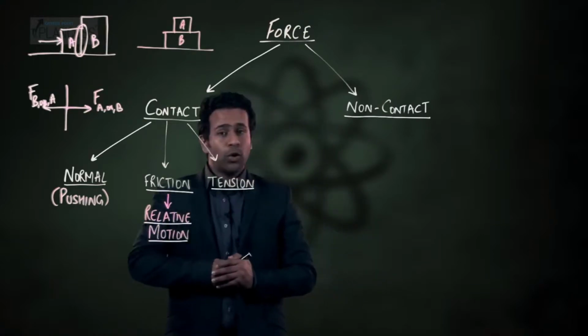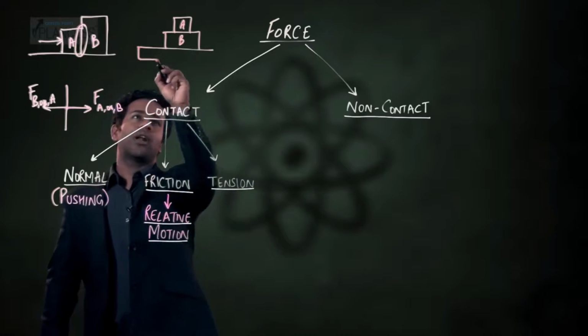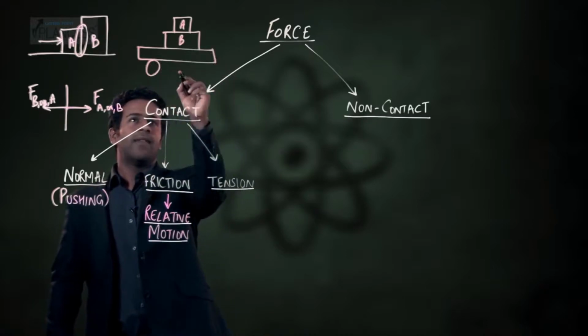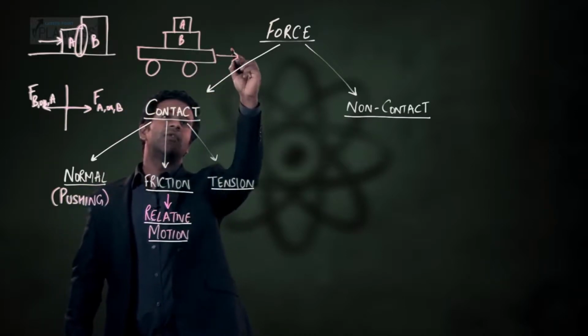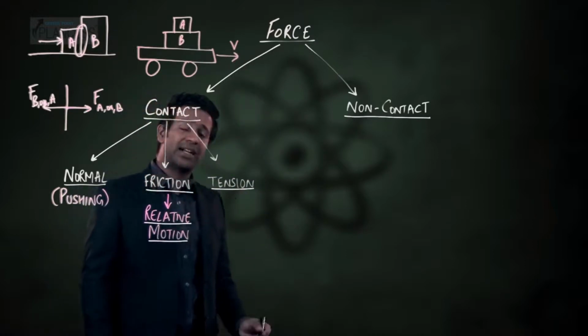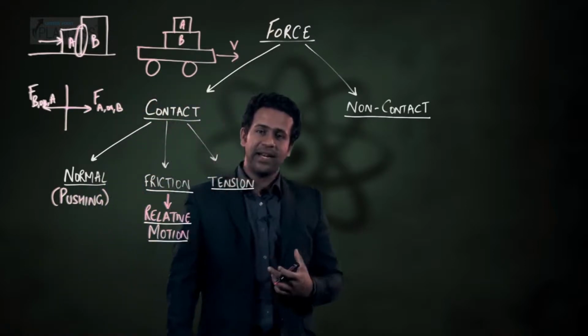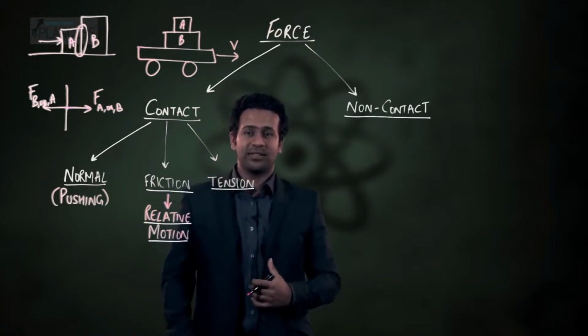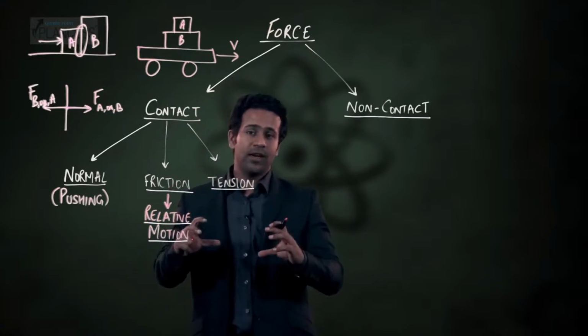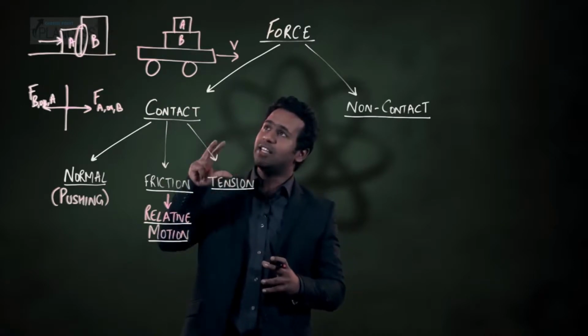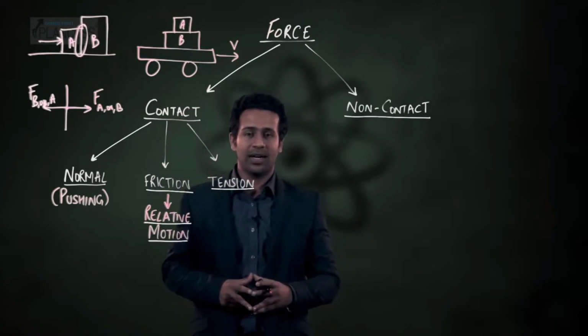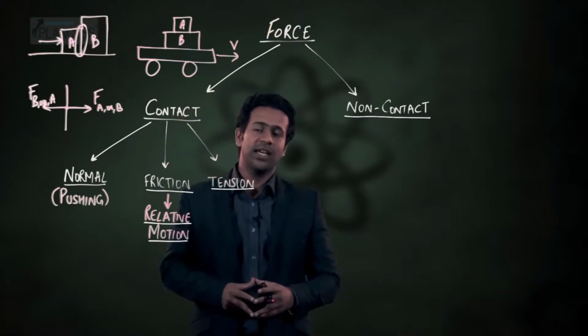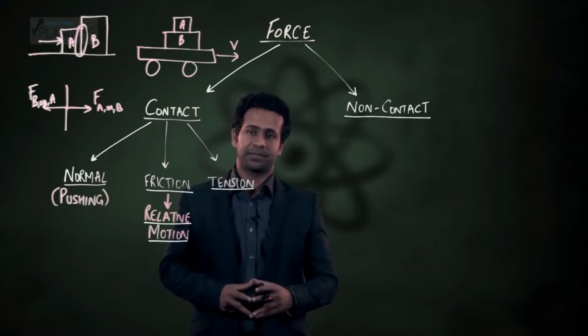Now, if both of these blocks were kept on a cart and this cart was moving with a uniform velocity, that is, maintaining its speed and direction. So if there was such a situation that this cart is moving with a uniform velocity and these two blocks are placed on this cart, then once again we would see there will be no force of friction.